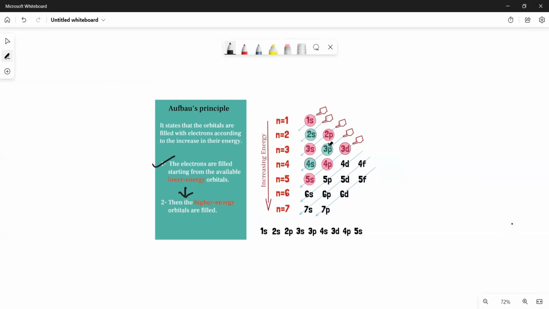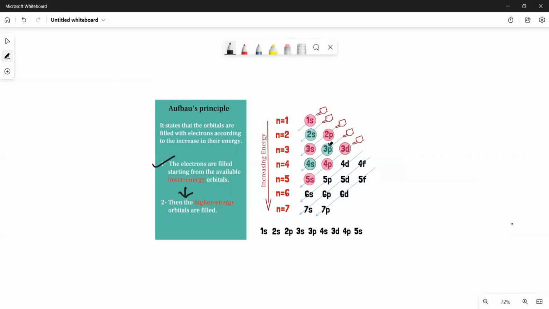Now 2s, 2p, 3s, 3p, 3d, 4s, 4p, 4d. Then you see that I'm not going to g or something because g is not required actually, right? And then 5s, 5p, 5d, then 6s, 6p, 6d, and 7s, 7p, all these things.